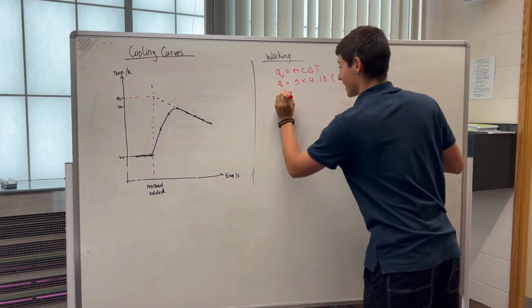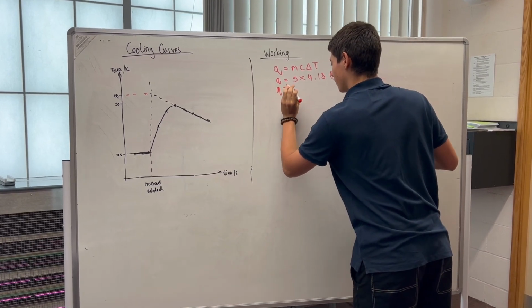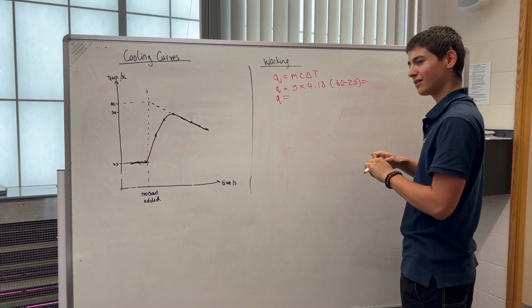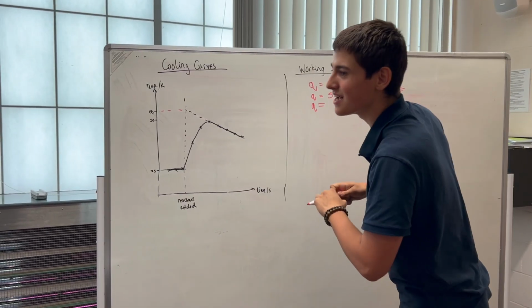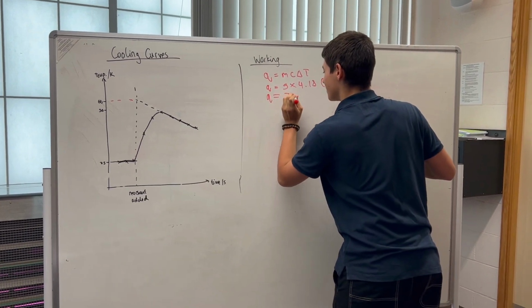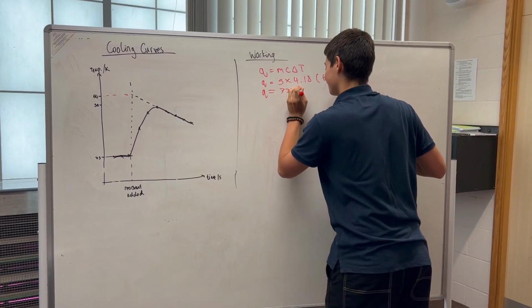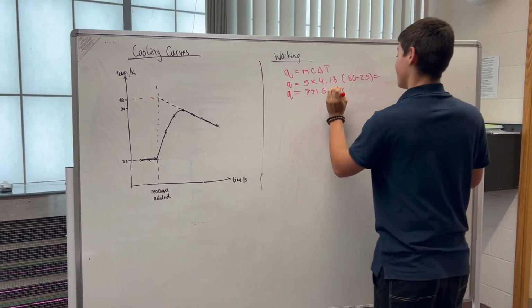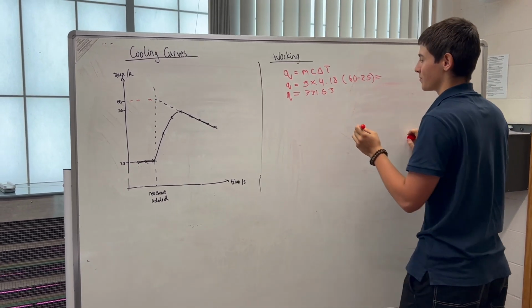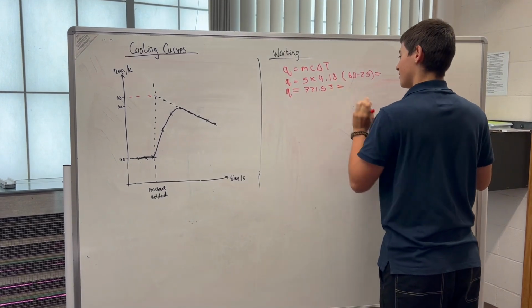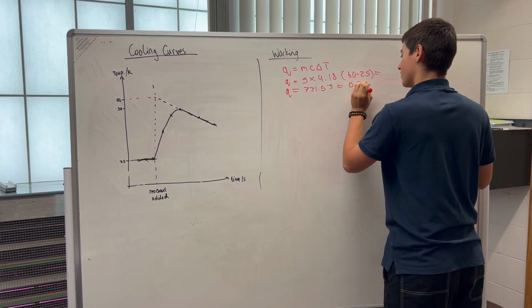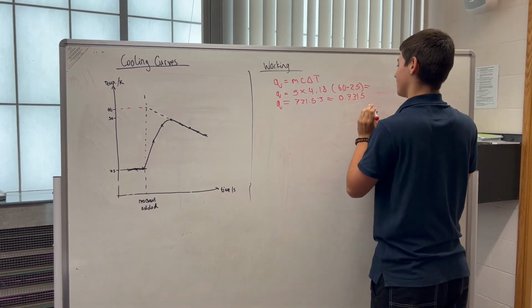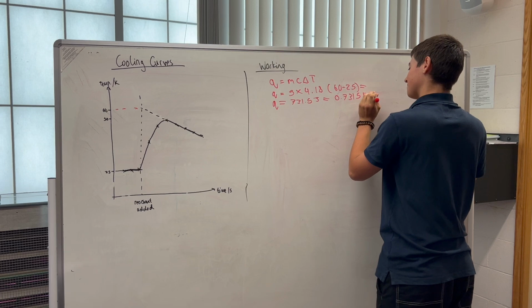When we do all of that, we end up with 731.5, and that is in joules. So we have to convert that into kilojoules, which is equal to 0.73115 kilojoules.